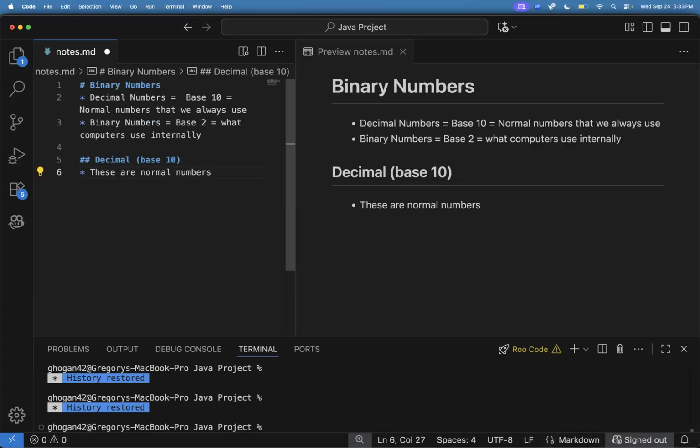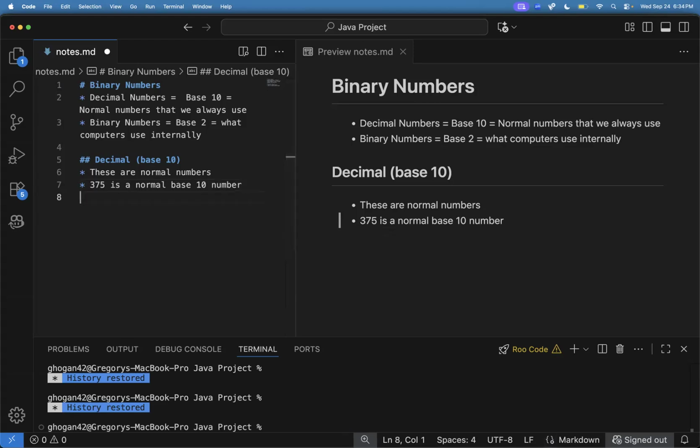For example, 375 is a normal base 10 number. That's what we're used to. If you write something like 375, what does that mean? Of course, you've been working with base 10 numbers all your life, so you have no issue thinking of the number 375 and understanding what you mean.